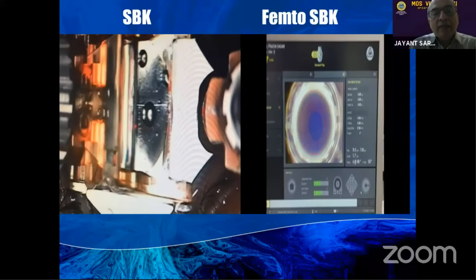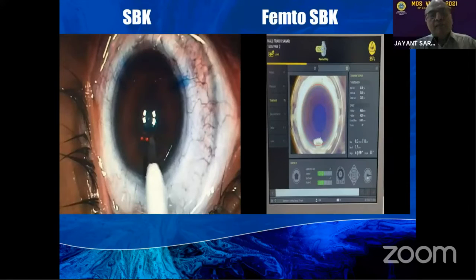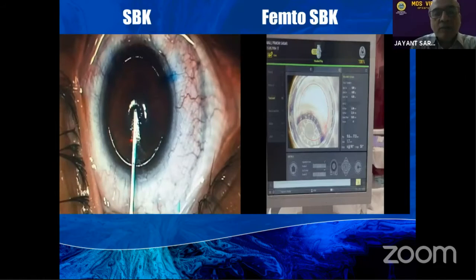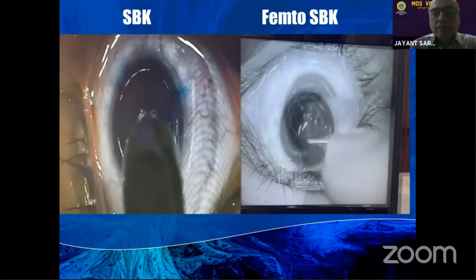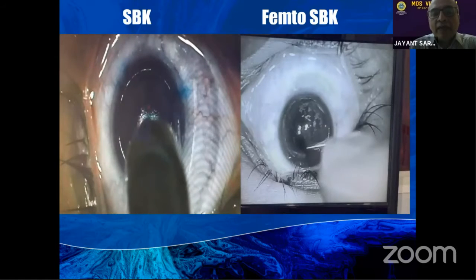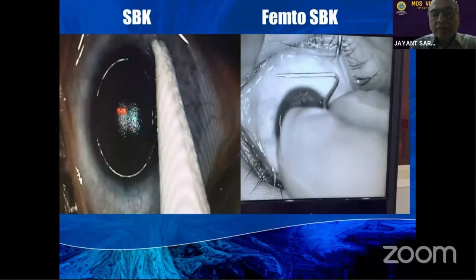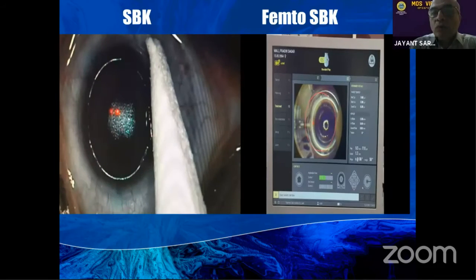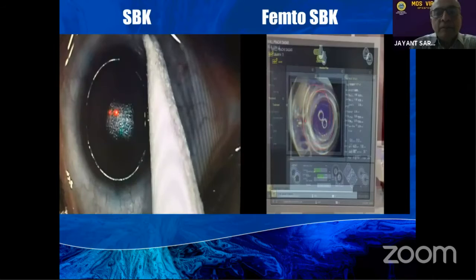I usually try to take the pachymetry. If somebody asks, I will go into that. Nowadays, the femto platform flaps also go very well because of the good quality femto lasers which are available.